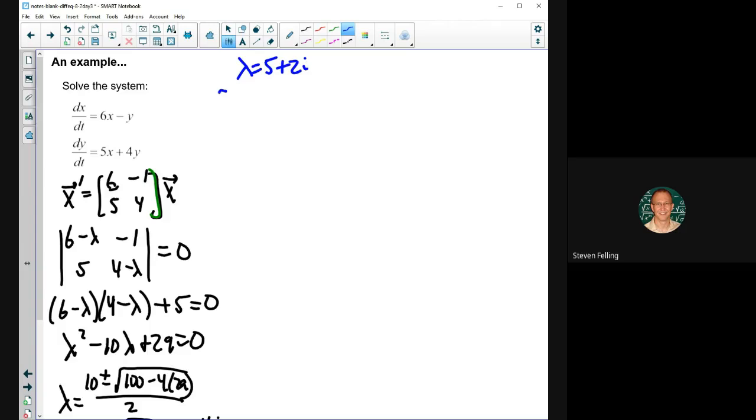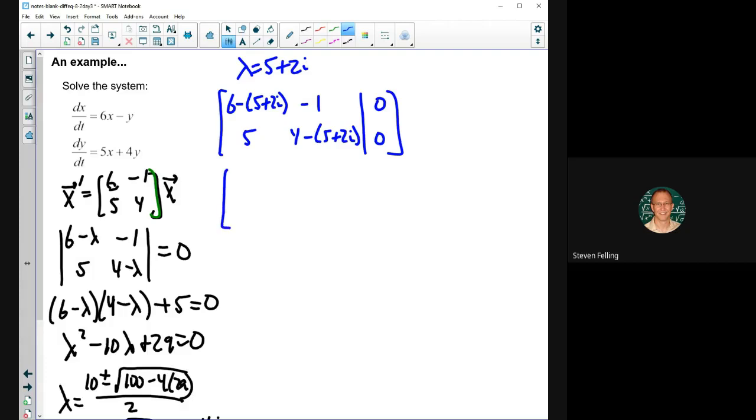That means we would repeat the system, which is going to be 6 minus lambda, but it's going to be minus a complex value here, 5 plus 2i, and then -1, and then we have 5, and then we have 4 minus that lambda, which is a complex value, equals 0, 0, right? So that's the system we would like to put in the matrix and do RREF, but because of the complex numbers, we're not going to do it that way.